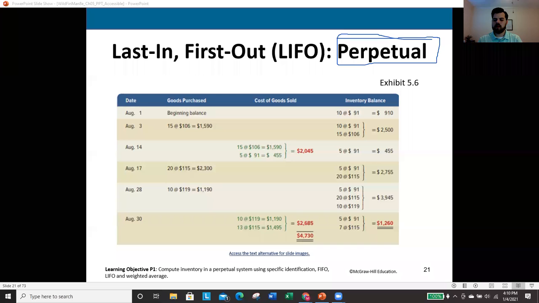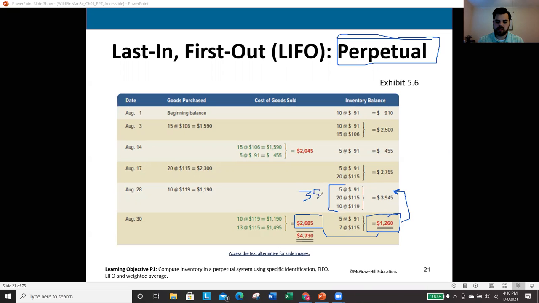So when I come in, 5 times 91 plus 7 times 115, 1,260. 1,260 plus 2,685. If you add these two numbers together, you will, of course, total back to 3,945. Now, if you want to check your unit computation, once again, 5 plus 20 is 25, plus 10 is 35.